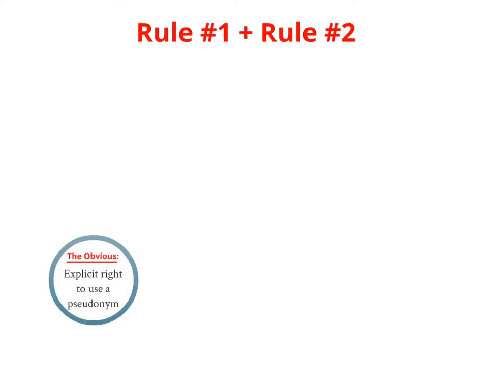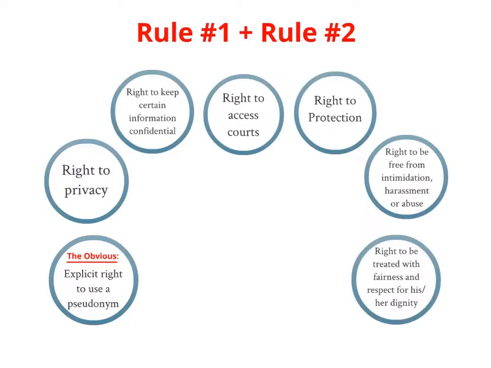But if that right isn't explicitly spelled out anywhere, don't stop the inquiry. What you want to do is to be sure that you examine all available rights and you make the argument to the court that those existing rights should be construed as providing an implicit right for the victim to use a pseudonym.